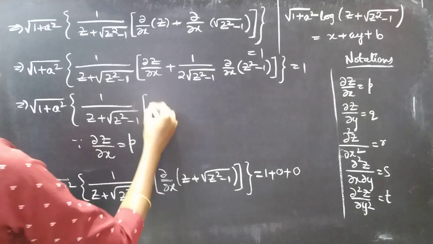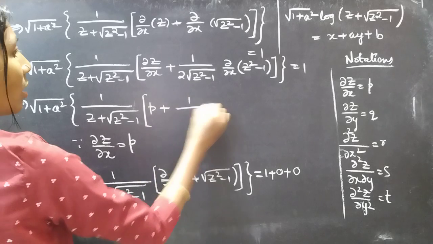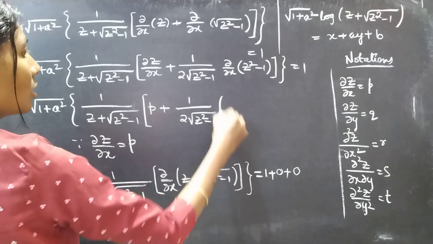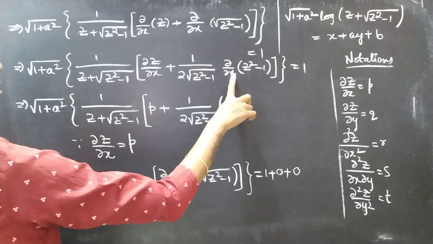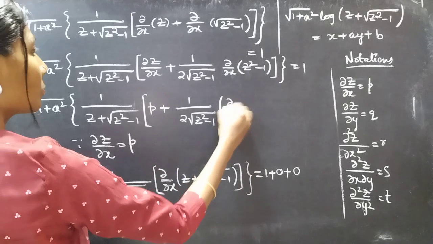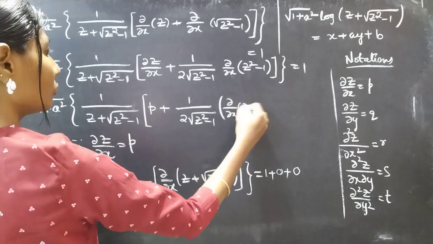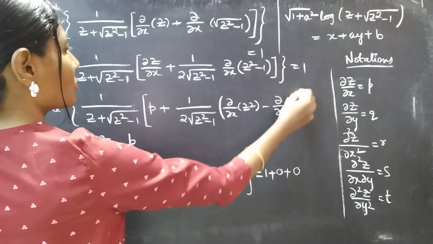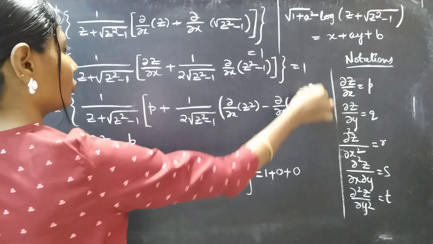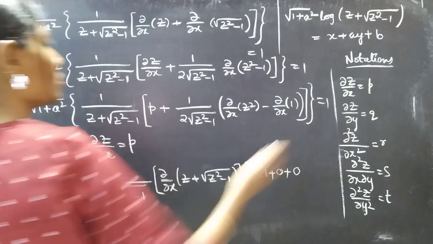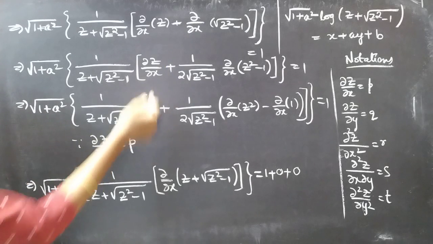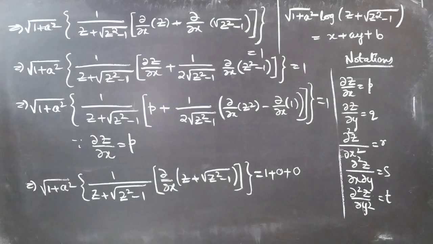This gives us p plus 1 by 2 into square root of z square minus 1 into partial derivative of z square, that is first term with respect to x, minus partial derivative of second term. So you can skip this step. Actually you can skip both the steps and write directly.